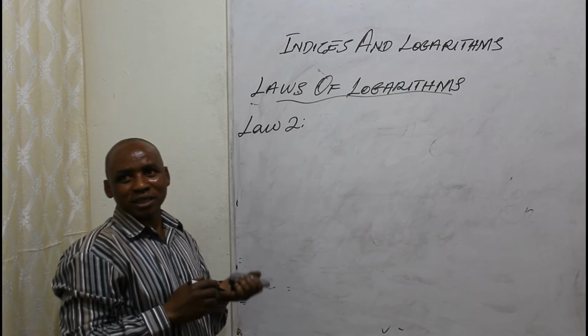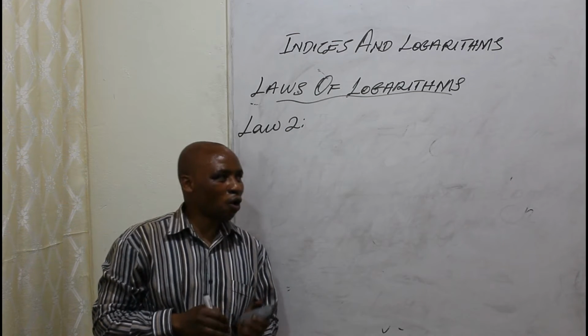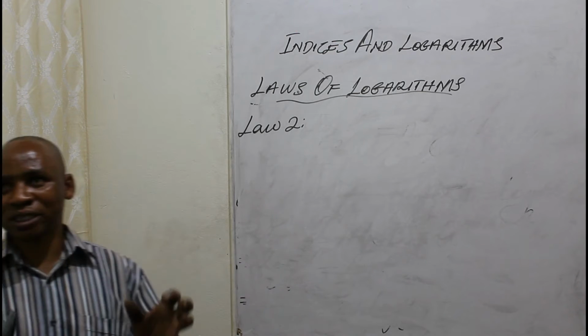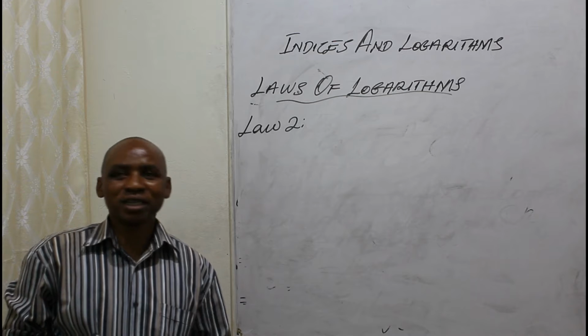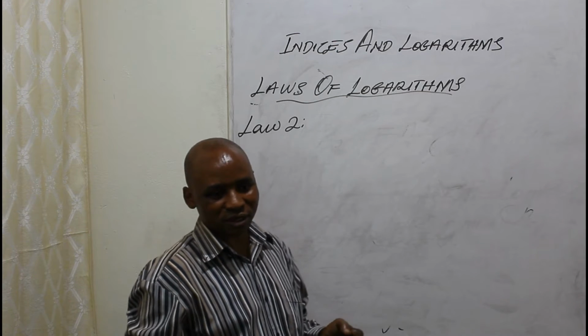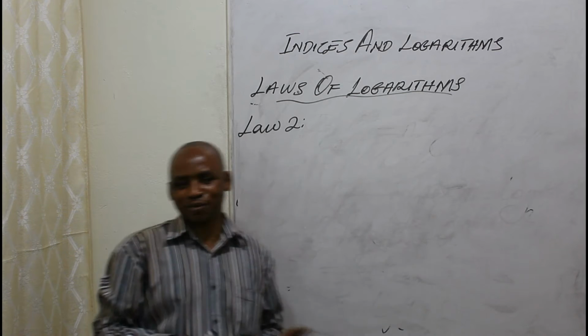What it simply states is that when you take the log of the product of two numbers to a particular base, it is the same as taking the log of the individual numbers to the same base and adding.